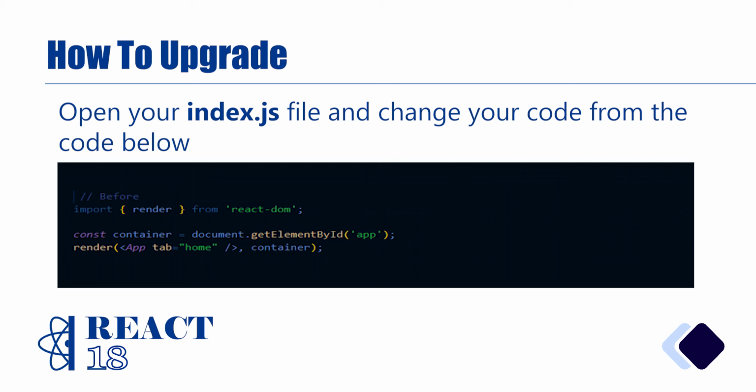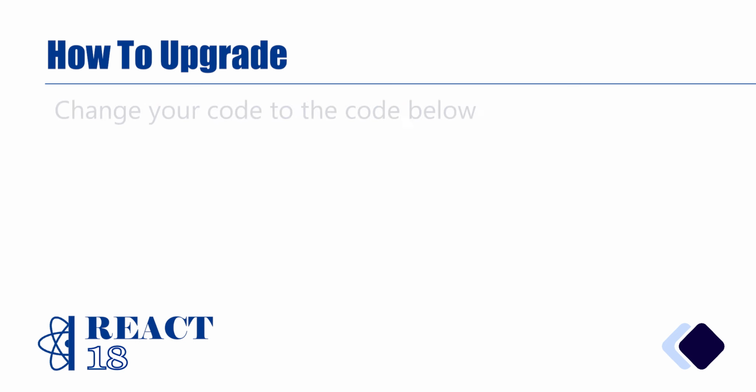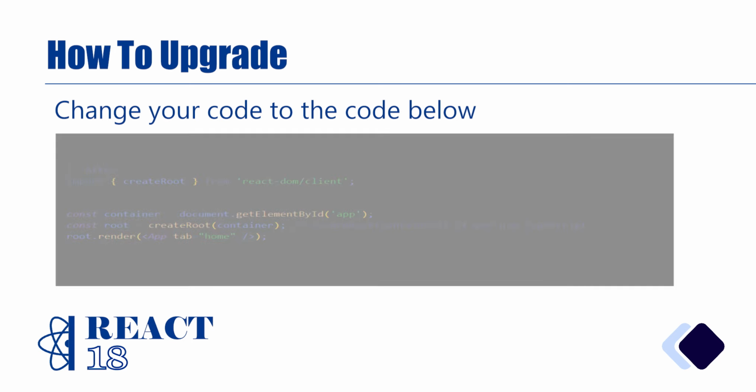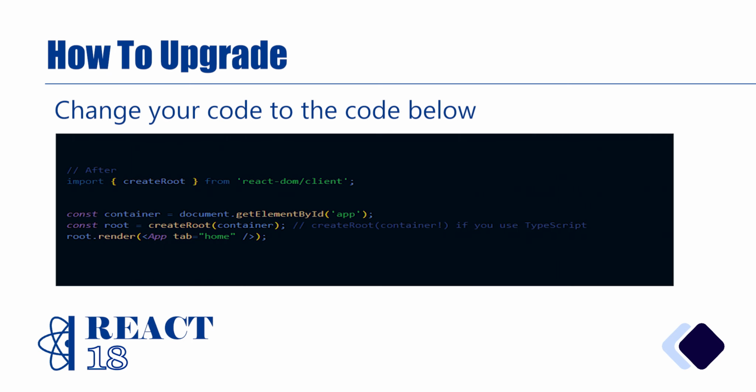You have to take note that the render that was imported from React DOM is no longer supported in React 18. So in React 18, we will import createRoot from react-dom/client. As you can see, the previous line of code here, and this is the new line of code that you will use. So that is the main thing that you need to take note of.